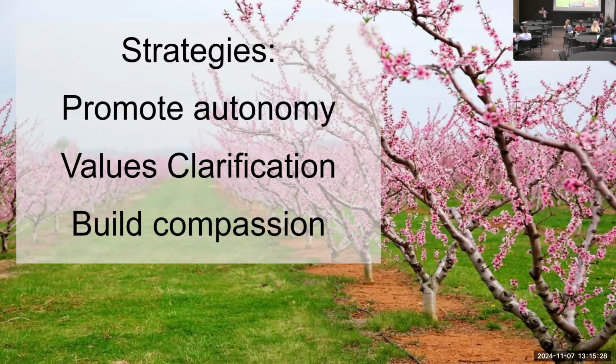What opportunity are you giving students to clarify their own values, and what are you teaching them about values that you yourself have? And then third, build compassion. So autonomy, values, compassion. I think that those three provide a lot of useful direction in terms of how to make choices about designing a class or classroom materials.